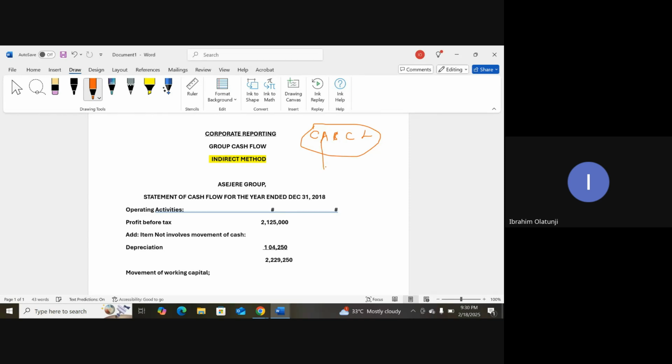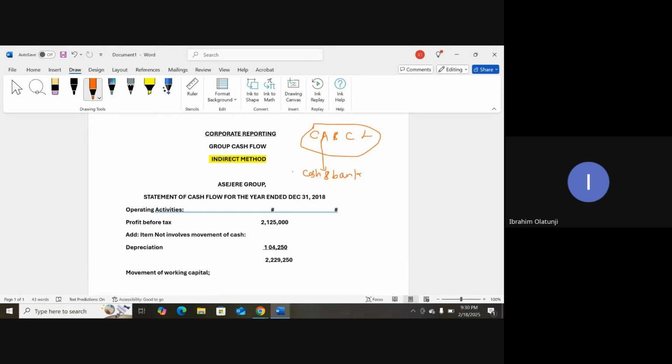Under your current assets, cash and bank are not included when you are doing your movement of working capital.